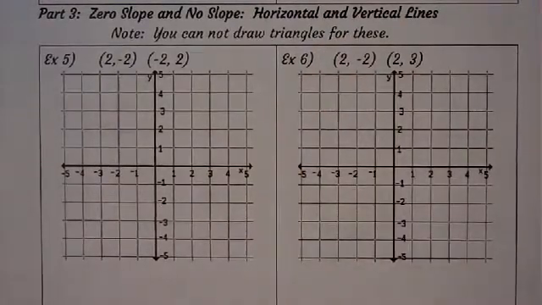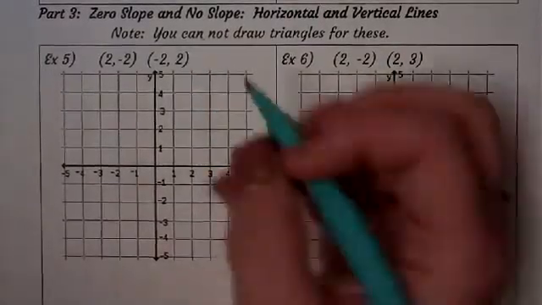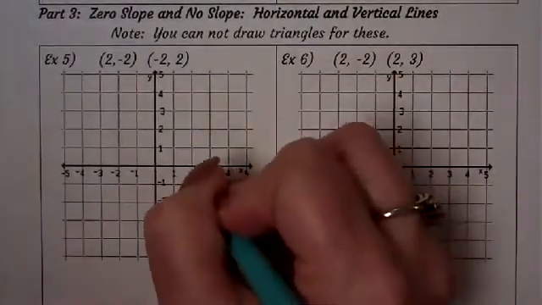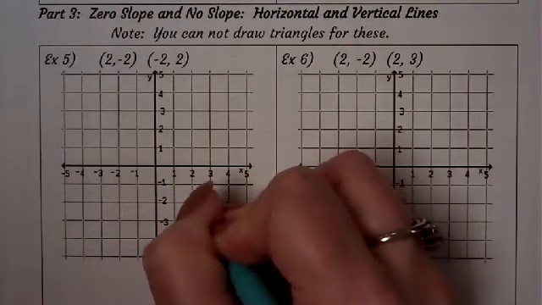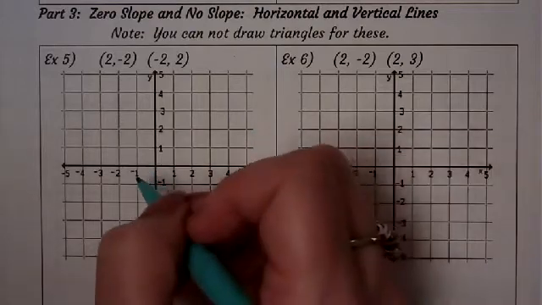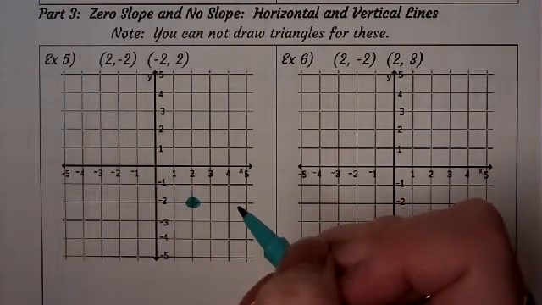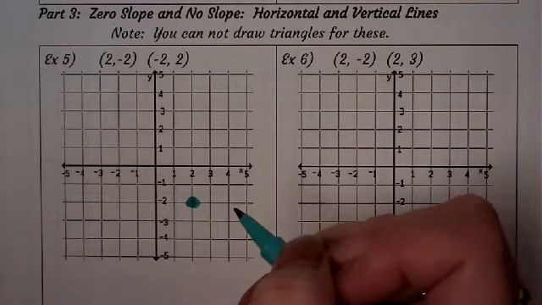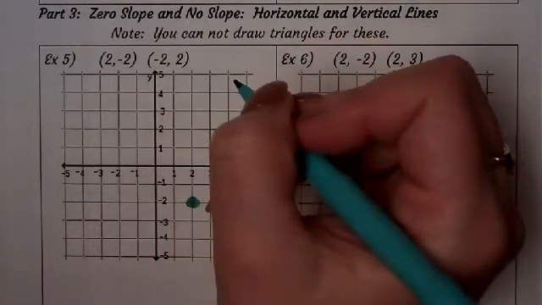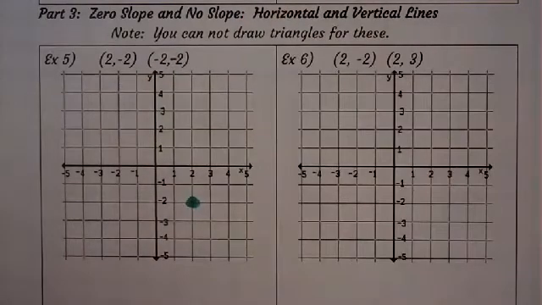Well, let's try this. Let's go ahead with number 5 and let's graph. So we've got 2, -2 right here. Then I've got negative, oh, I think I messed up something. I did. Let's make this y right there a negative.